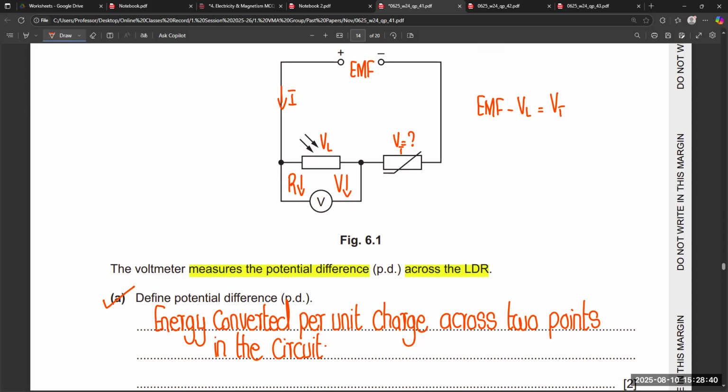But the voltage of the thermistor increases because its resistance increases. So in simple words, the voltage of LDR decreases. It means the reading of the voltmeter also decreases because the voltmeter is connected with LDR. So it reads the value from LDR. So the answer is simple.